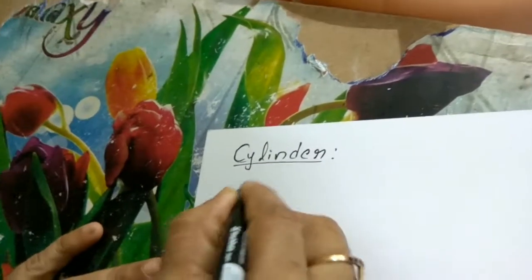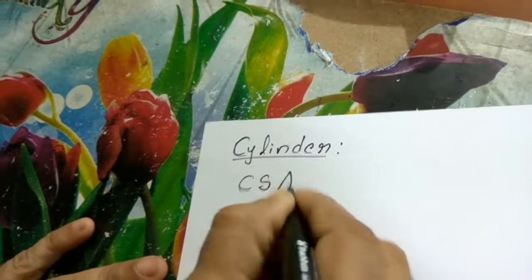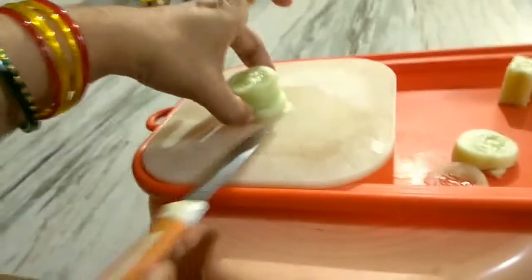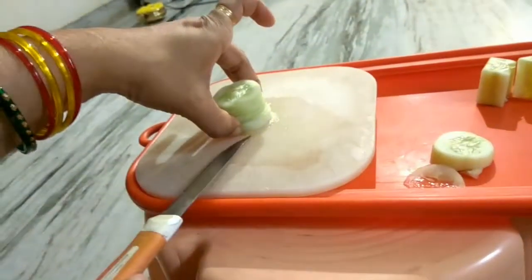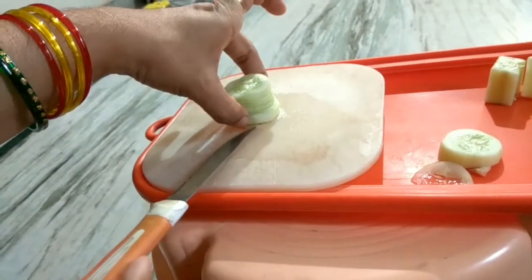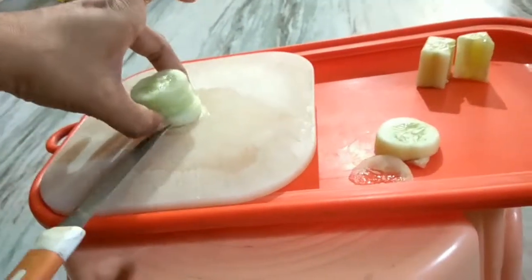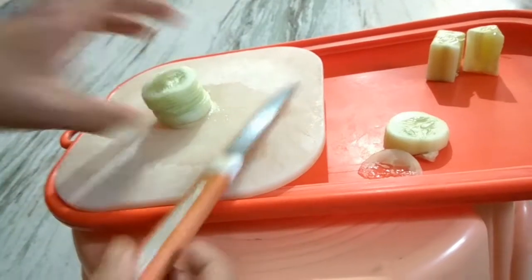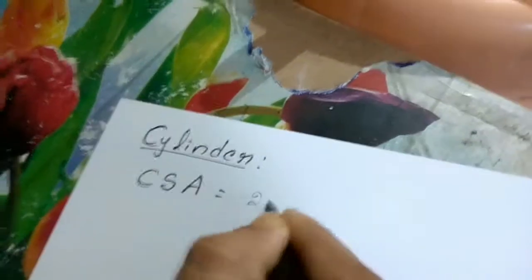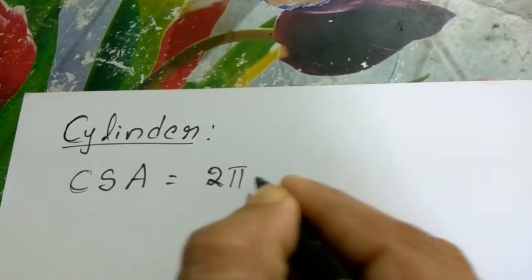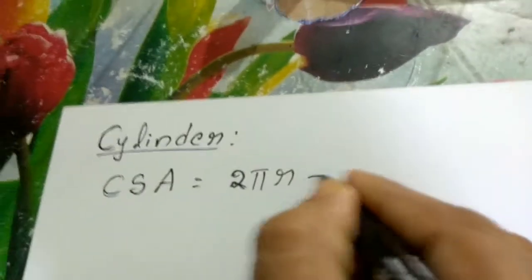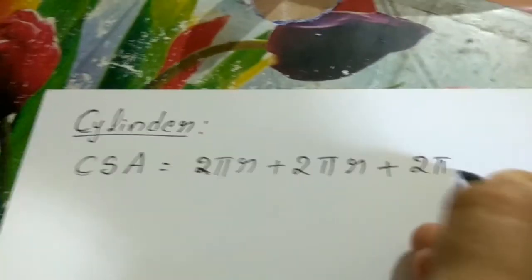When we are speaking about the CSA of the cylinder, as we discussed just now, we are going to add up the circumference or the perimeter of each basic shape that we have got, which is nothing but a circle. The circumference of each circular shape is 2 pi r. So we take it as 2 pi r plus 2 pi r plus 2 pi r.